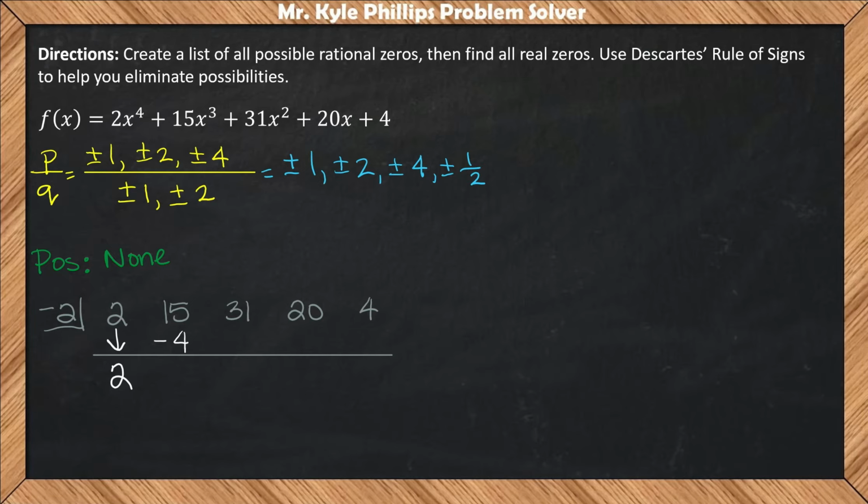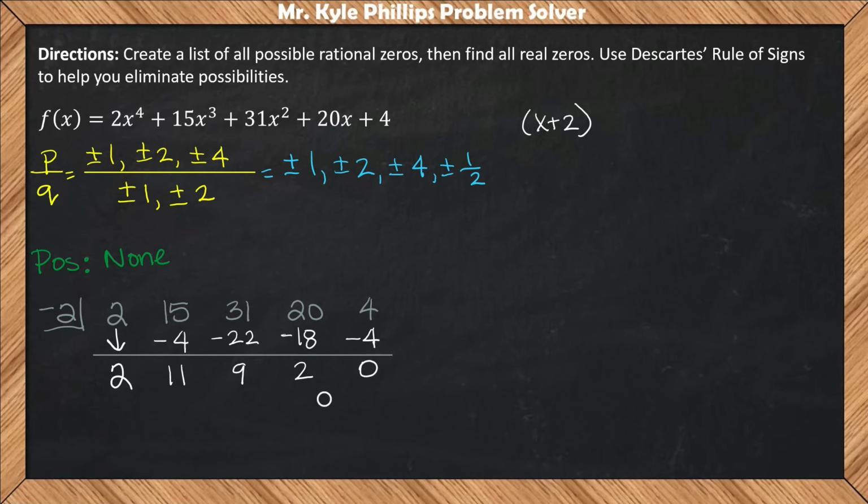This gives me 11. That gives me negative 22, which is 9. This gives me negative 18, which is 2, and this gives me negative 4, which makes that 0. So here, if I'm talking about my factors, remember, if negative 2 is a root, then x plus 2 is a factor.